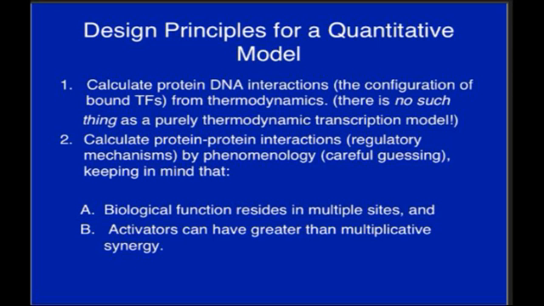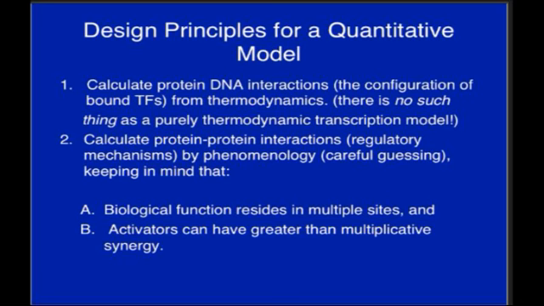But you can calculate the configurations from thermodynamics, and then you're left with a really fundamental problem, because the great big unsolved issue, indeed, maybe the skeleton in the closet of all of genomics, is that nobody knows the rules that say whether a particular configuration of bound factors is activating or repressing.